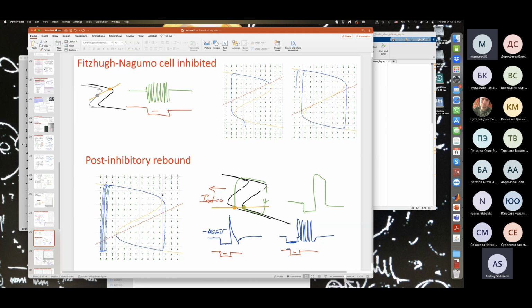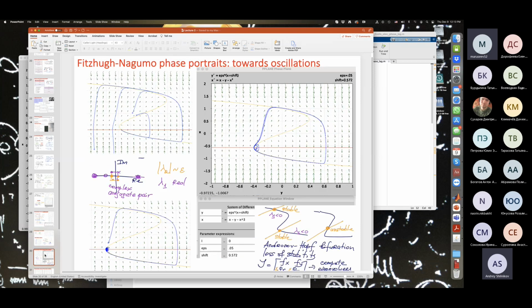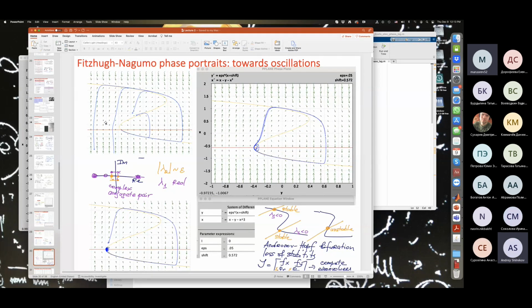So this is called post-inhibitory rebound, and the construction of this phenomenon relies fully on the fact that you have a cubic nullcline, you have this hysteresis, and then you shift the cubic nullcline to the left. That's also what happens with the equilibrium states.